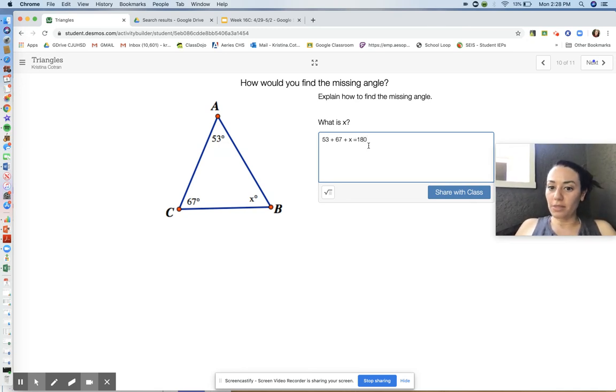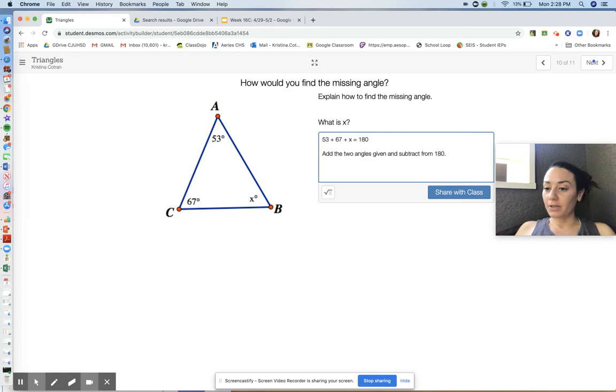We don't know that third angle, but if we added 53 and 67 and then subtracted that from 180, we would get x. So really, you could say add the 2 angles given and subtract from 180. It doesn't actually ask me to find what x is, but we can find it.